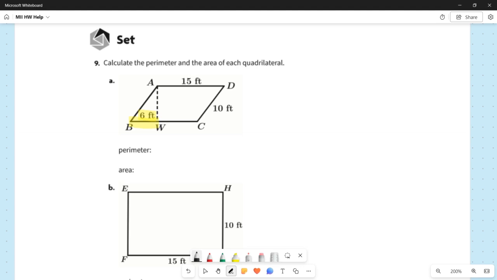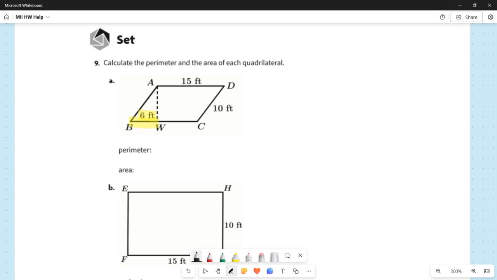Also, we're making some assumptions here. This figure certainly looks like a parallelogram, but technically we don't have enough information to assume it. But I think this question is really trying to get us to treat this like a parallelogram. So we'll just acknowledge the fact that we are assuming that this figure is a parallelogram.